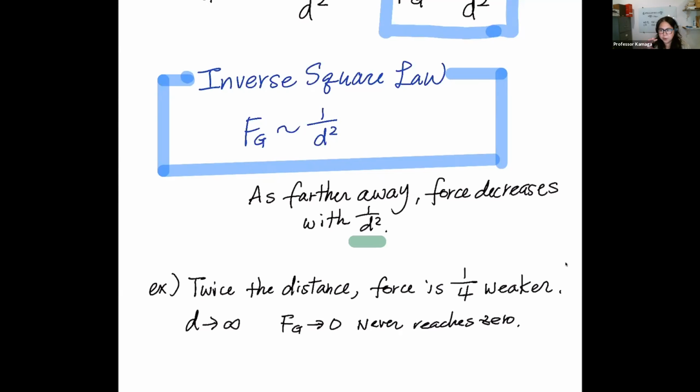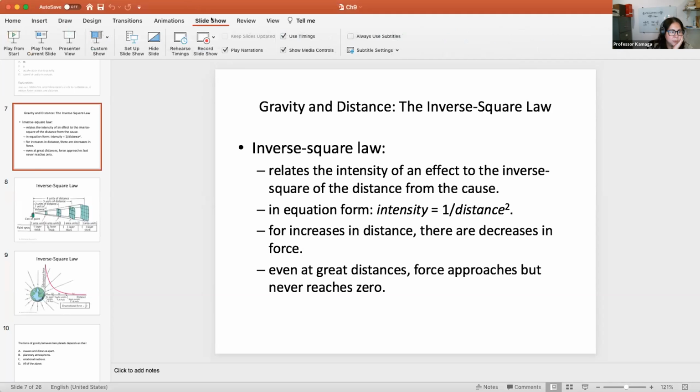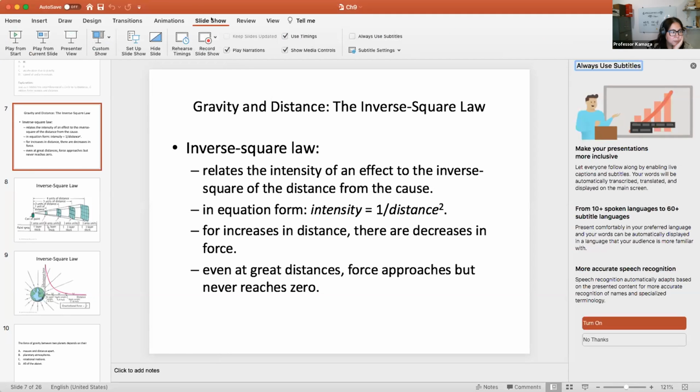So the force field goes forever. Although it's very, very tiny, you're supposed to have a force even though you go to infinity. So let me share this slide here. I can do this slideshow from.